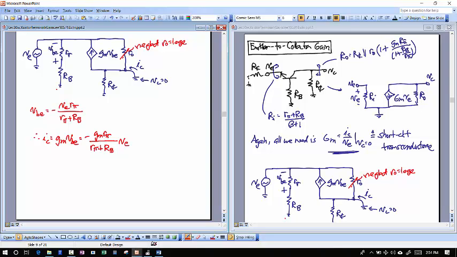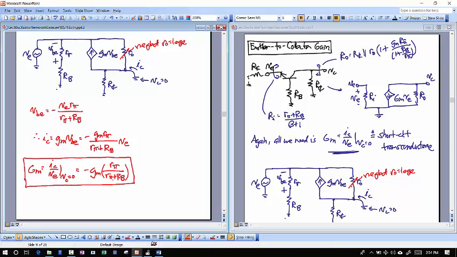And now just rearrange this thing to get my capital GM. Capital GM, which I remind you is IC over VE, with VC equal to 0. This is then just going to be equal to exactly what this is here, but I'll separate my GM from this. That'll be GM times what looks like a voltage divider between R pi and RB.